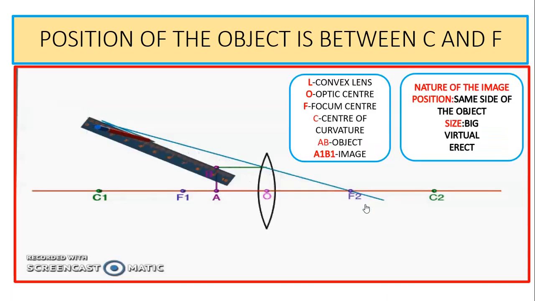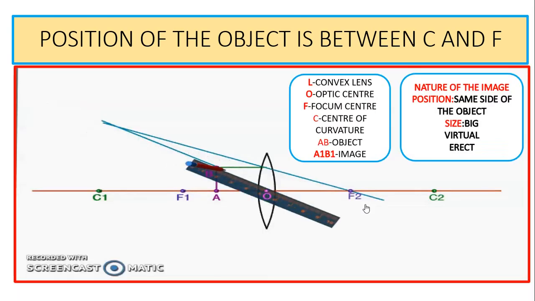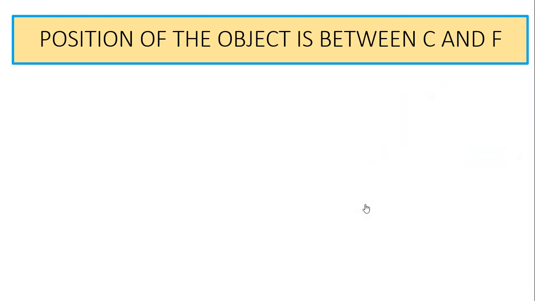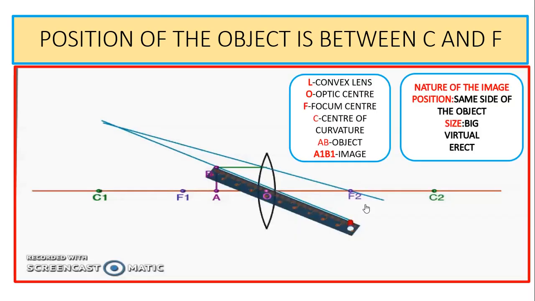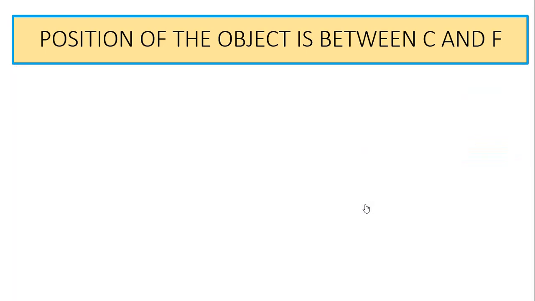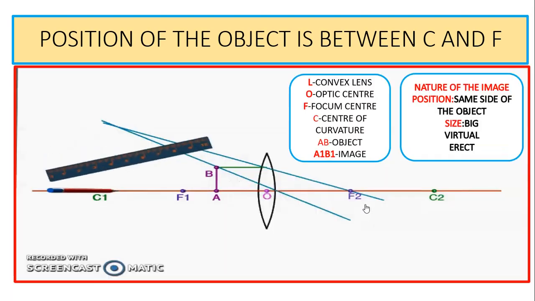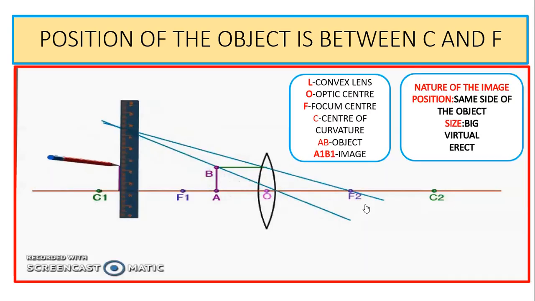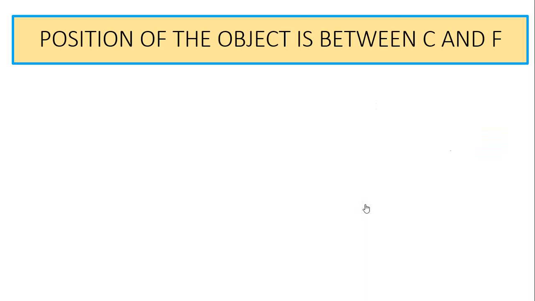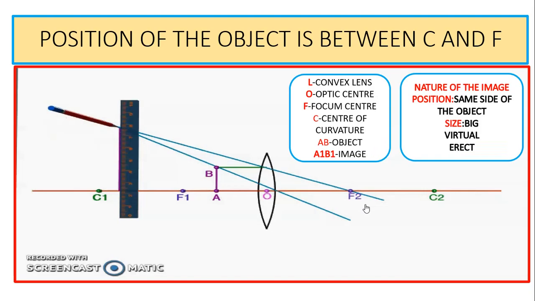The image is not real, that is you can't catch it on a screen. Now position is same side of the object, size is big, virtual, not inverted, this is erect.